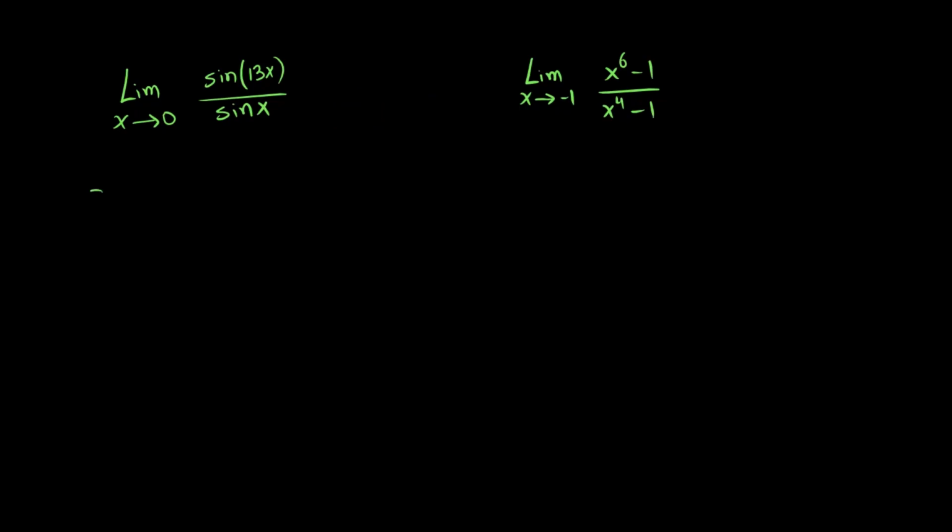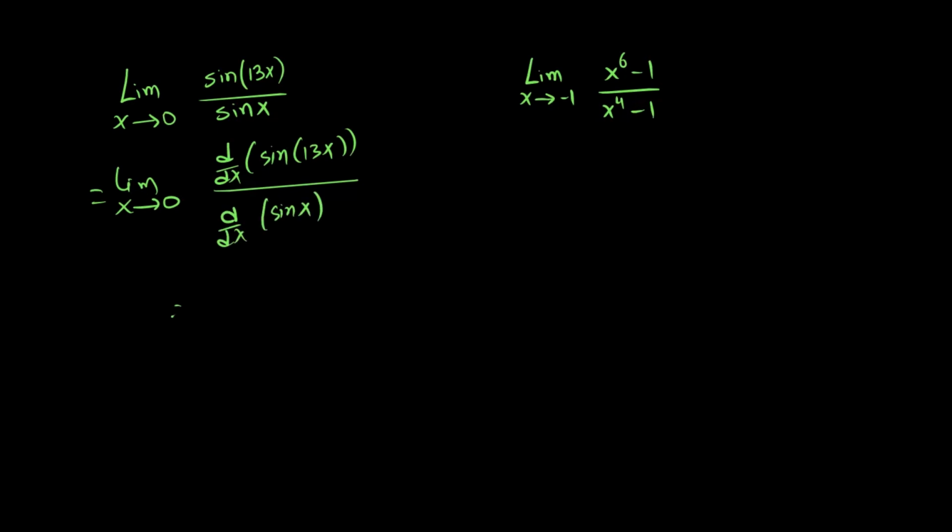In the next line, you will have the same limit, and I'll do the derivative. So d over dx of sin 13x and d over dx of sin x, limit x as 0. The derivative of sin 13x is cos of 13x.